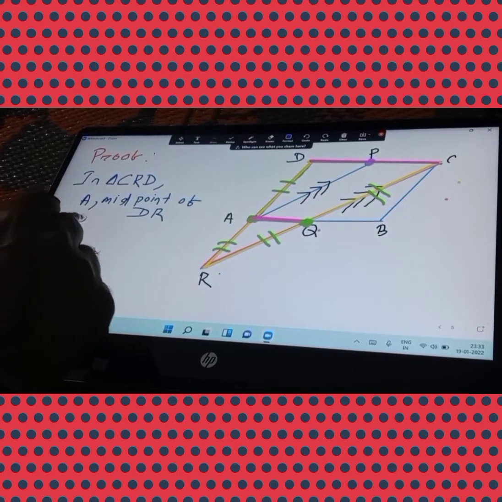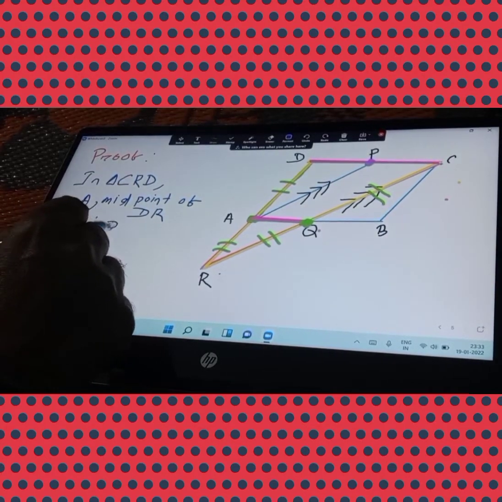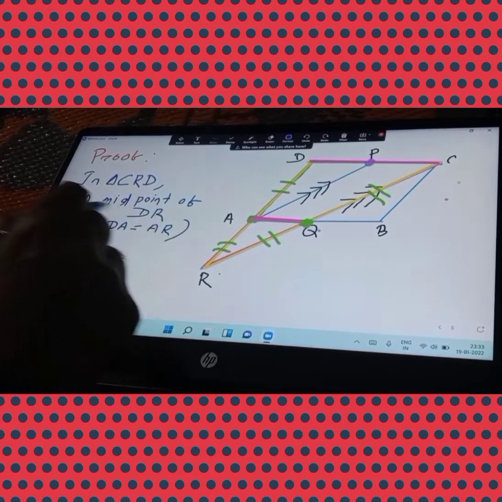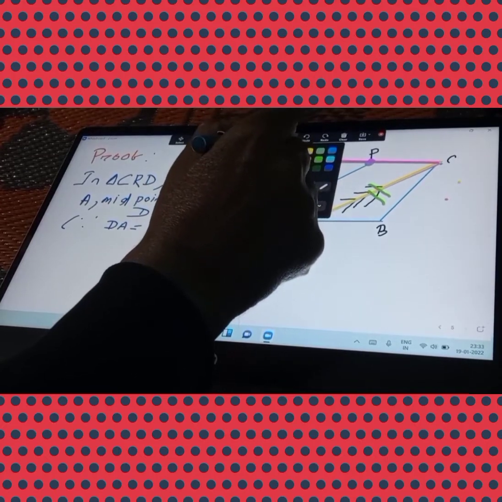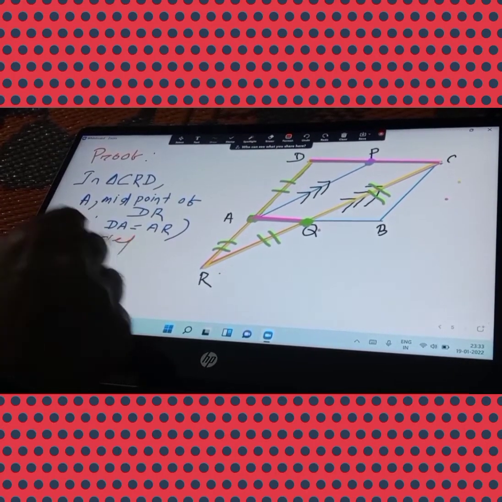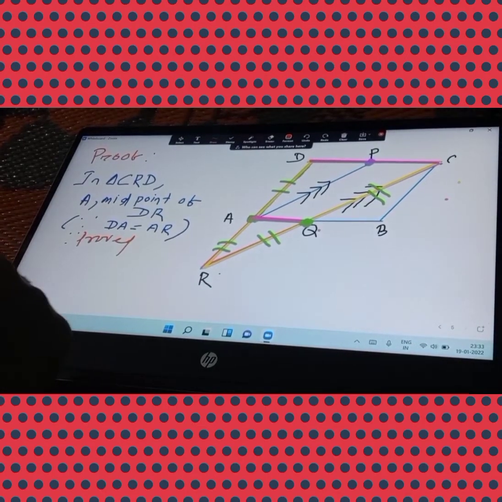Why? Already proved, because we have proved DA is equal to AR. This is already proved. Understand or not?